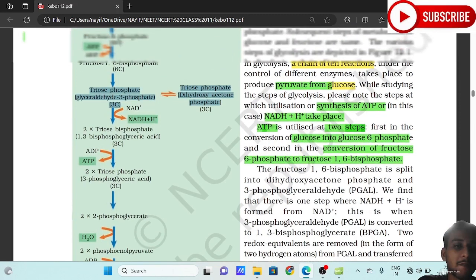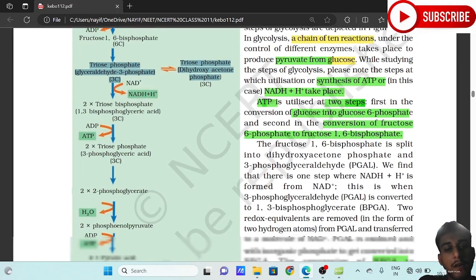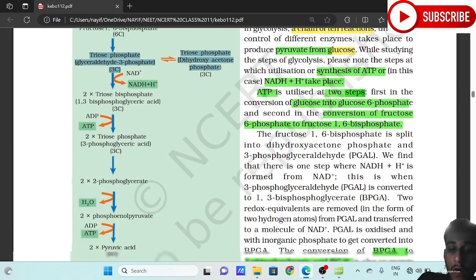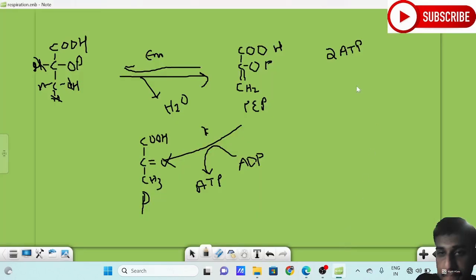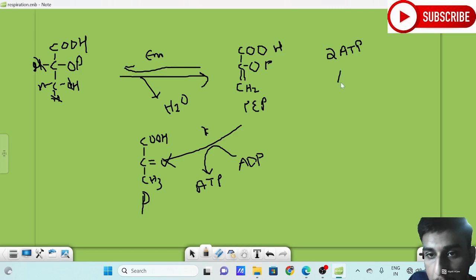Why 2 times? Because the 6-carbon molecule has been split into 3-carbon compounds. So 2 ATP formed here, 2 ATP formed here. So actually 4 ATP formed.